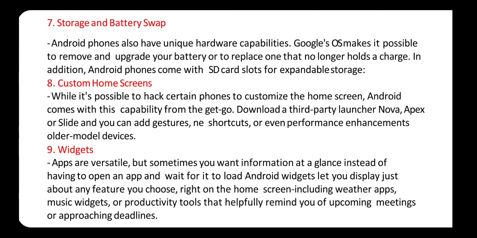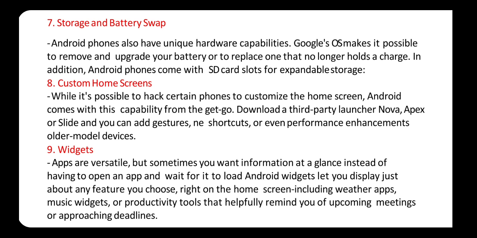Next, some other features. Your Android apps are versatile, but sometimes you want the information at a glance instead of having to open an app and wait for it to load.